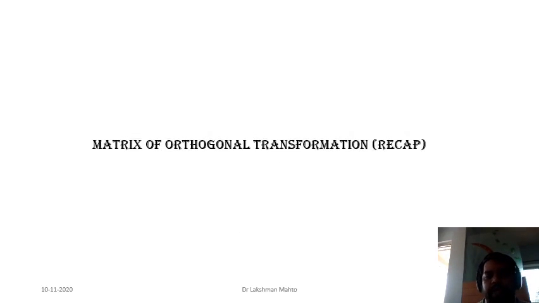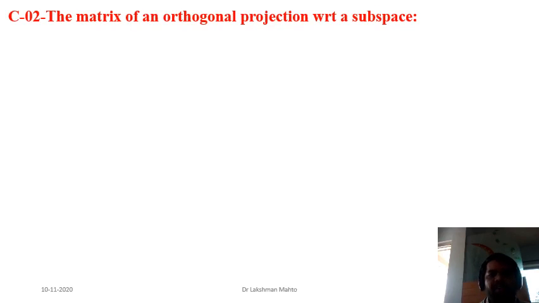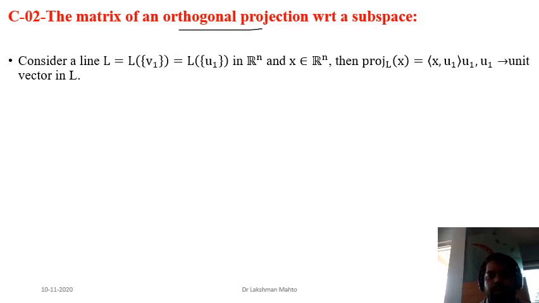So coming to the recap of the matrix of orthogonal projection, in the last class I had already discussed how to find it. With respect to a subspace, remember that you need to get a subspace. If you are in R2, what are the possible subspaces? There is only one non-trivial proper subspace, that is a line; zero is the trivial subspace, and R2 itself is an improper subspace.